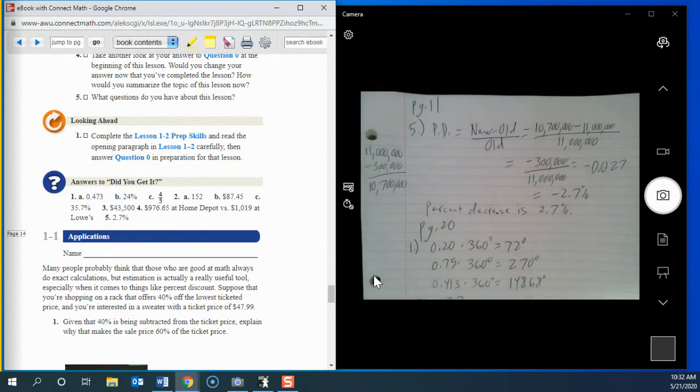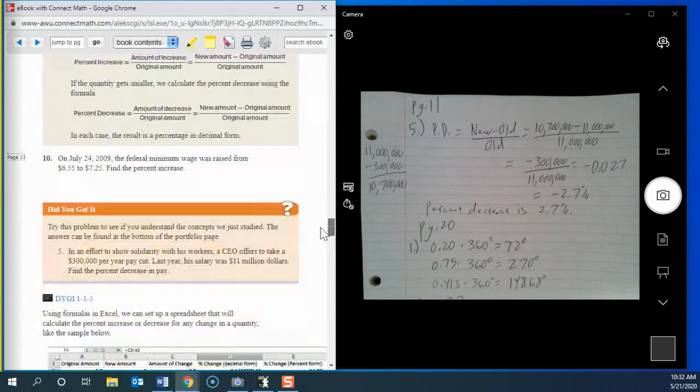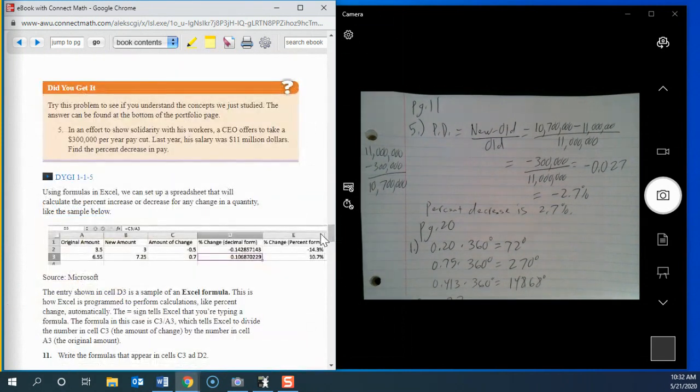Okay, now one other thing that I did say earlier was this here. Sometimes when we're dealing with percent increase or decrease, we're given a value that will make the problem a lot easier to do. Like for instance, it tells us that the CEO is going to take a $300,000 per year pay cut. Now we know a pay cut is always a negative to us.